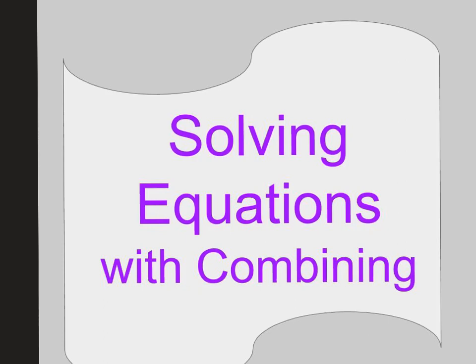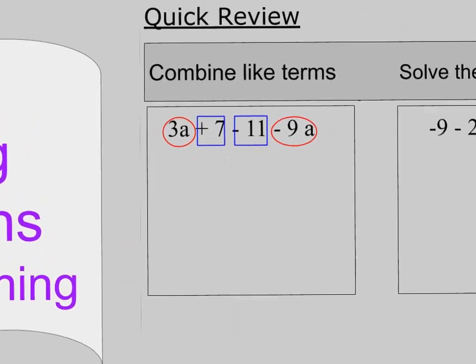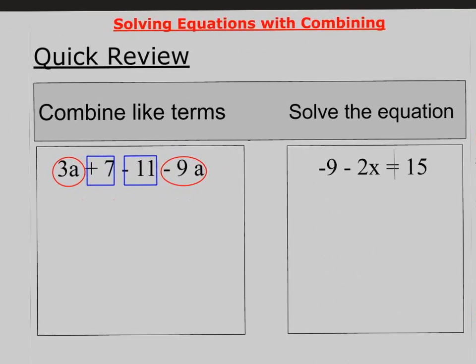Solving equations with combining. So now we're going to be adding an additional step from what we were doing previous to this lesson. So let's take a look at a little review. First we have here combining the like terms. Well, I have already marked my like terms.